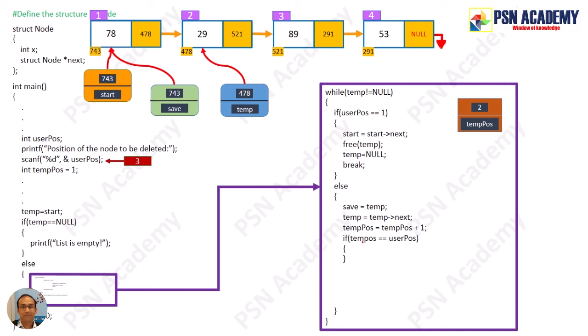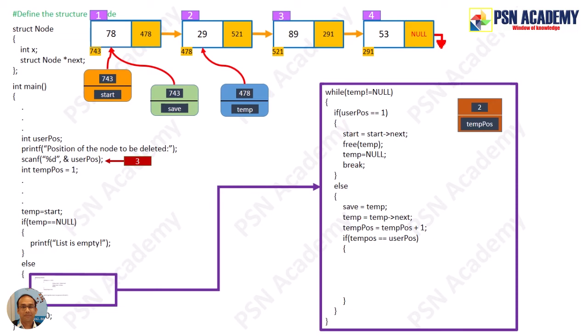So this is not matching. So the if condition will not fire now. So it will go back to run the while loop because temp is still not equal to null and user_pos is not 1. So it will fire the else part again and execute this line, that is save equal to temp.